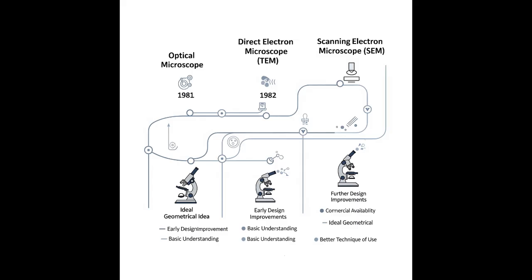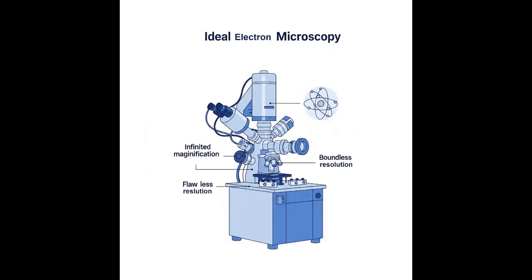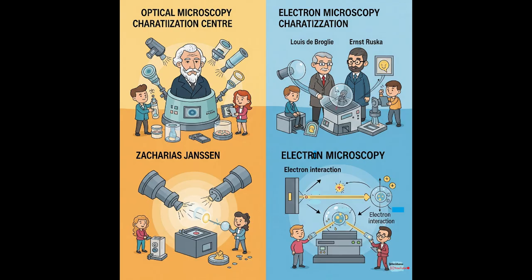Let's start with stage 1, the ideal geometrical idea. This is the theoretical blueprint, the idea of a perfect microscope with infinite magnification and no flaws. For the optical microscope, this idea emerged as early as the late 16th century with people like Zacharias Jansen.